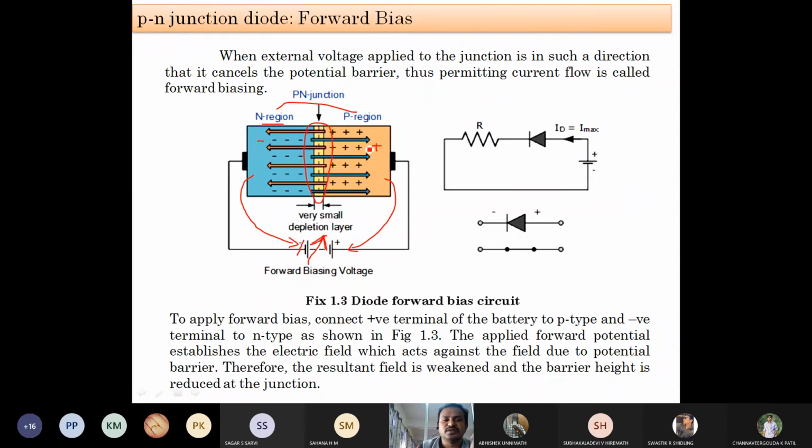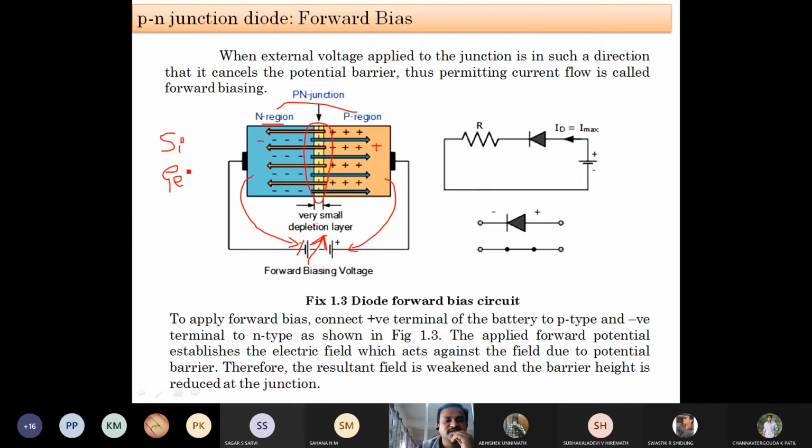So for these PN junctions, we know there are two types of semiconductor materials which are commonly used, silicon and germanium. Among these two, can anyone give the example which one is the most used semiconductor material?